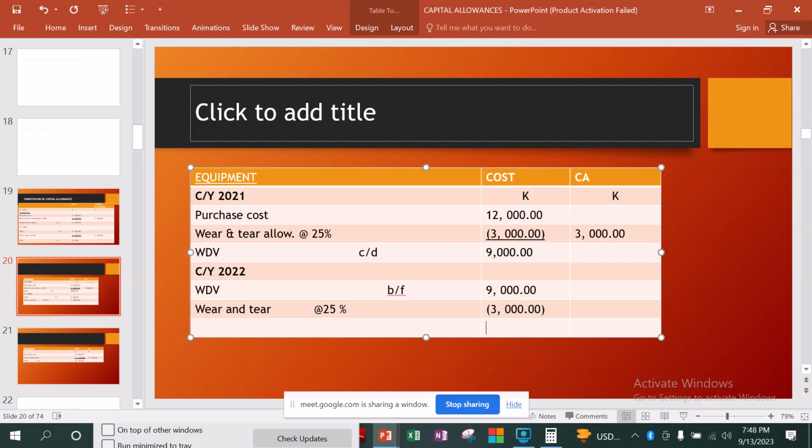When you remove that, you end up with 6,000.